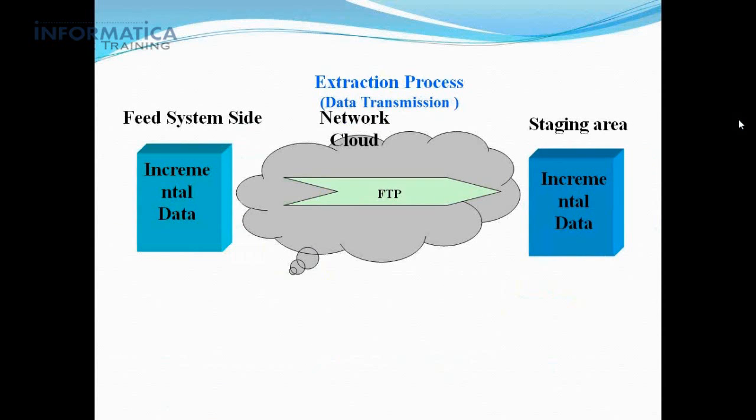Always, as I told you, in the first stage, moving the data from the OLTP system into the staging area, we do not use any kind of transformation logic. If at all you use transformation logic, it is when you have static sources like flat files or XMLs as your source systems.